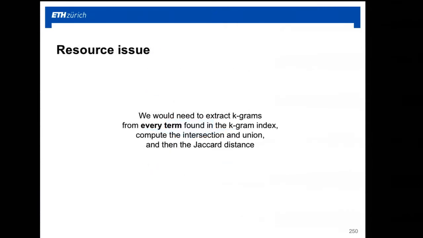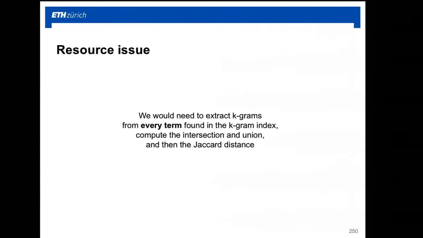So we still have a resource issue because we would have to extract and compare the k-grams with every single word that there is in the k-gram index. And as you can imagine, the k-gram index can be pretty big, plus when you query for the n-grams for a given search term, you may find a lot of k-grams as well.